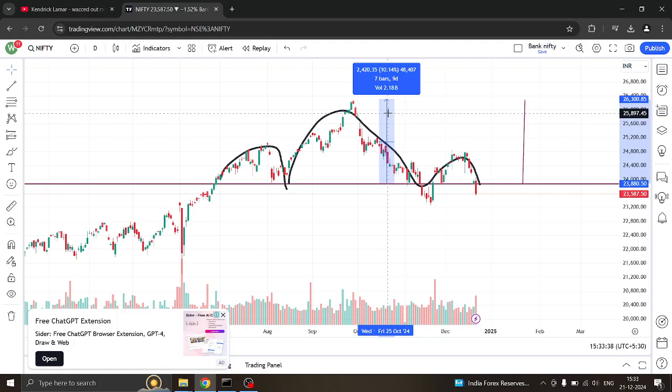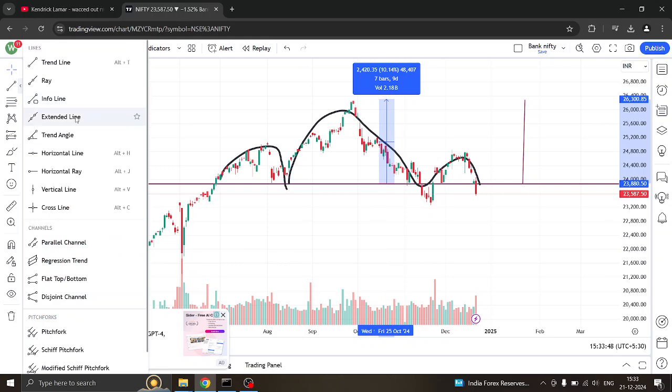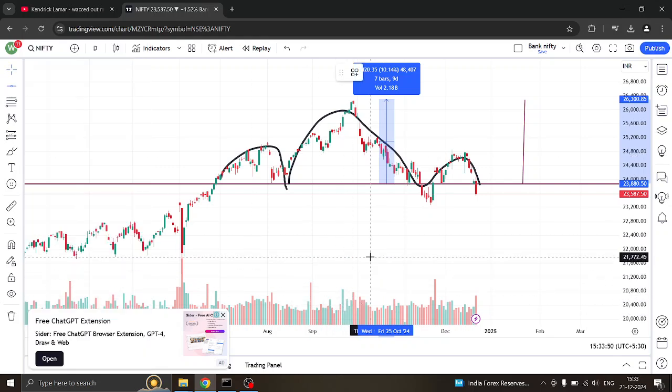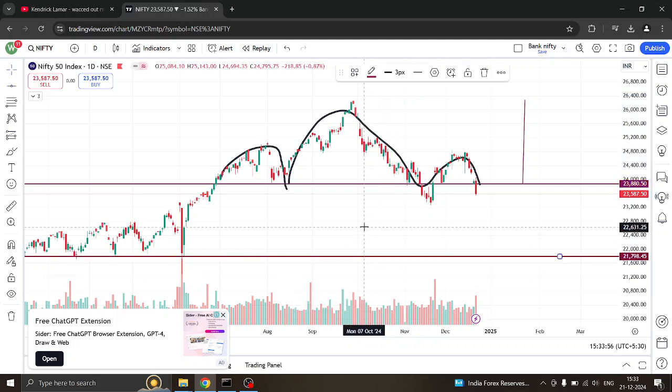Let's measure the difference between the neckline and the support line. This one. Let's draw another horizontal line which will be considered as support in our case. I think we should go for here.